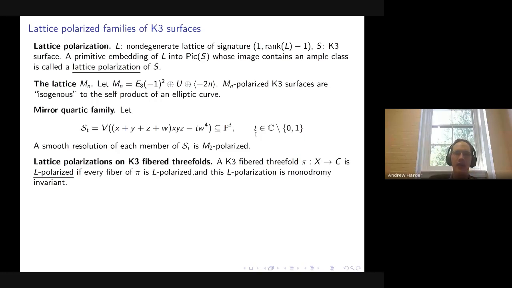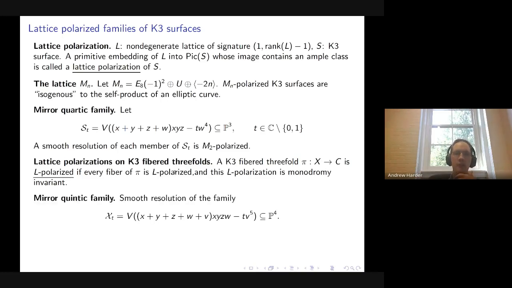Then there's a trivial sub-local system whose stalks are isomorphic to L. So there's a fixed L polarization. So the basic example of this, which I won't talk about the details of too much, is the mere quintic family. So it's presented this way.